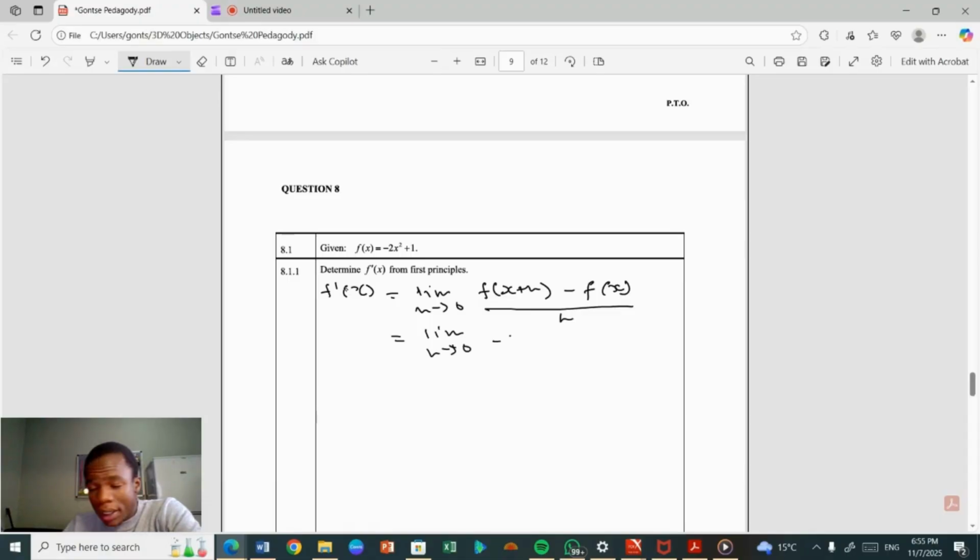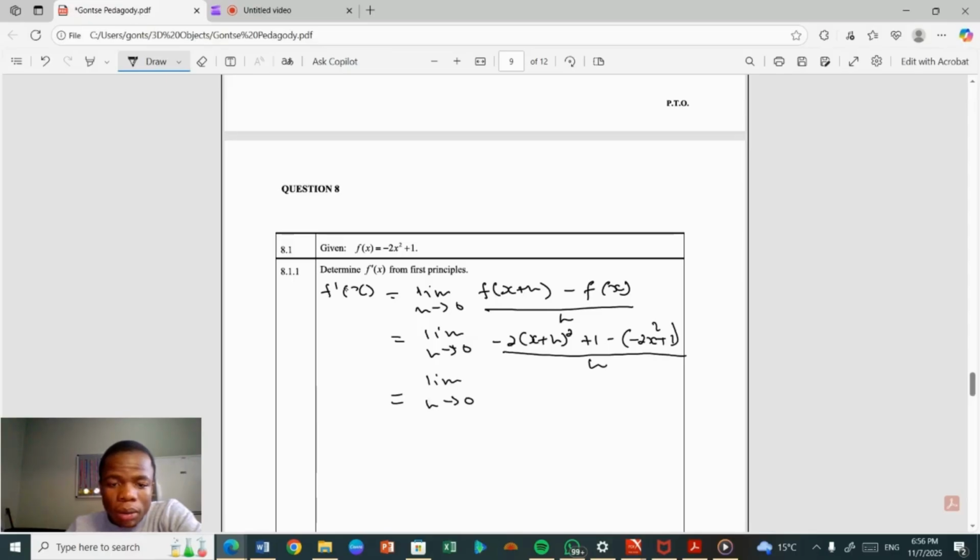Then you have is equal to the limit as h approaches 0. Then you have negative 2 into x plus h squared plus 1, right? Minus minus 2x squared plus 1, right? Over h. Then is equal to the limit as h approaches 0, which is negative 2 into x squared plus 2xh plus h squared.